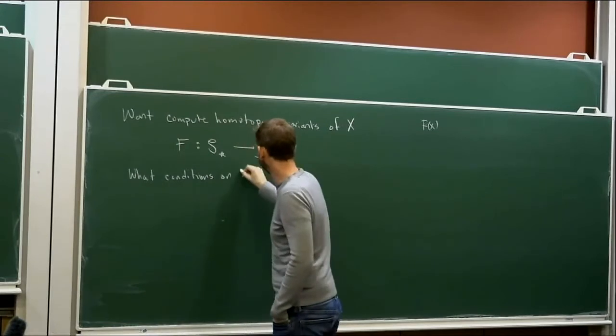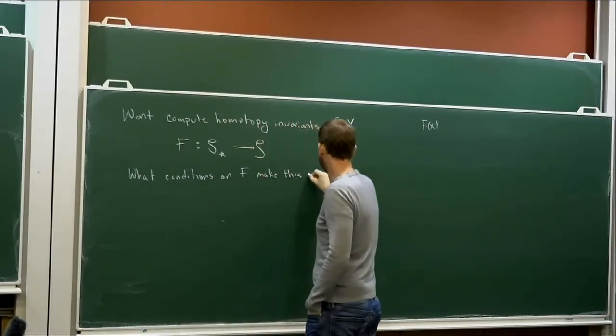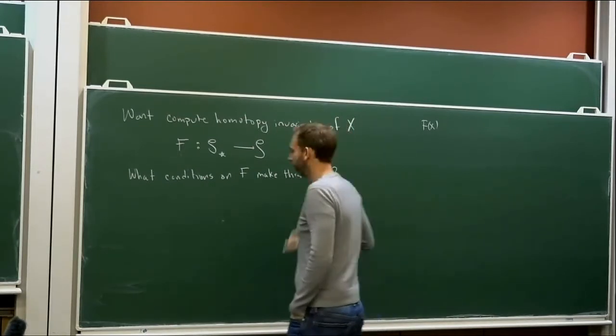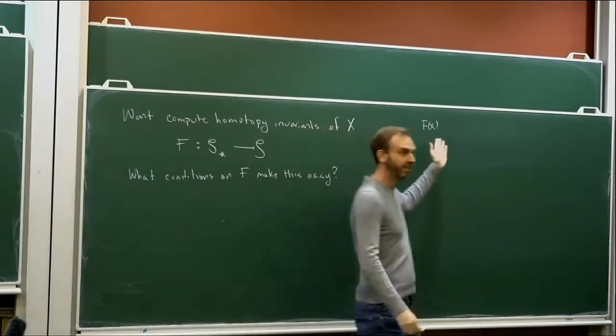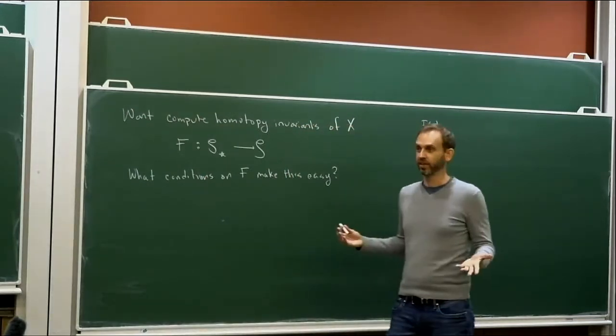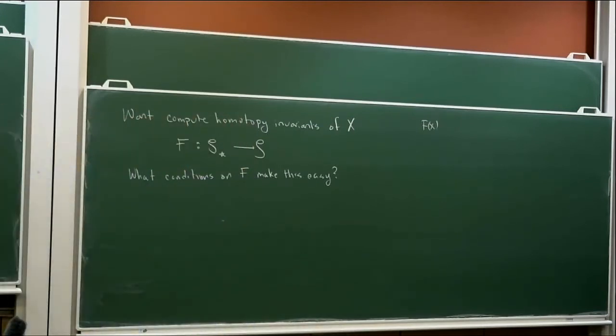What conditions on F make this easy? Okay, so what could I ask about my functor F so that when I go to compute the invariants of F of X, I get some sort of easy calculation? Let's do something almost absurd. We said that often spaces are presented by colimits, but that homotopy is compatible with limits.